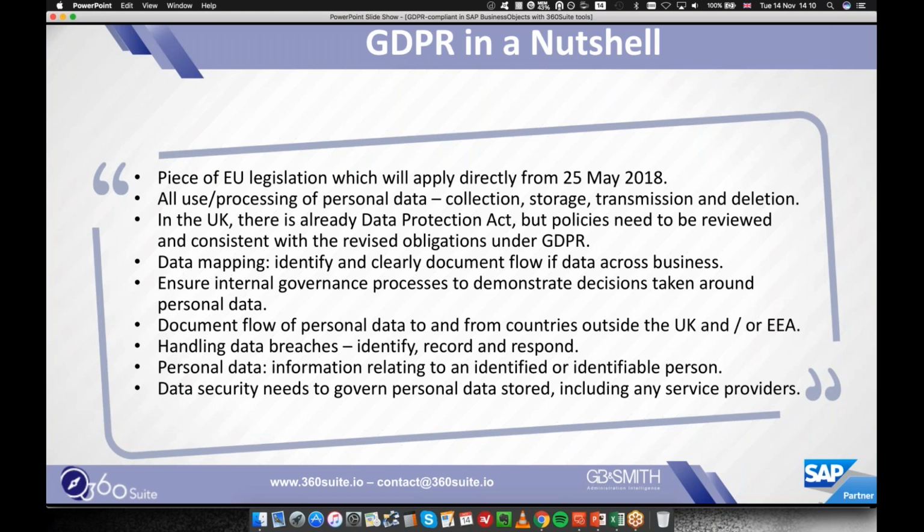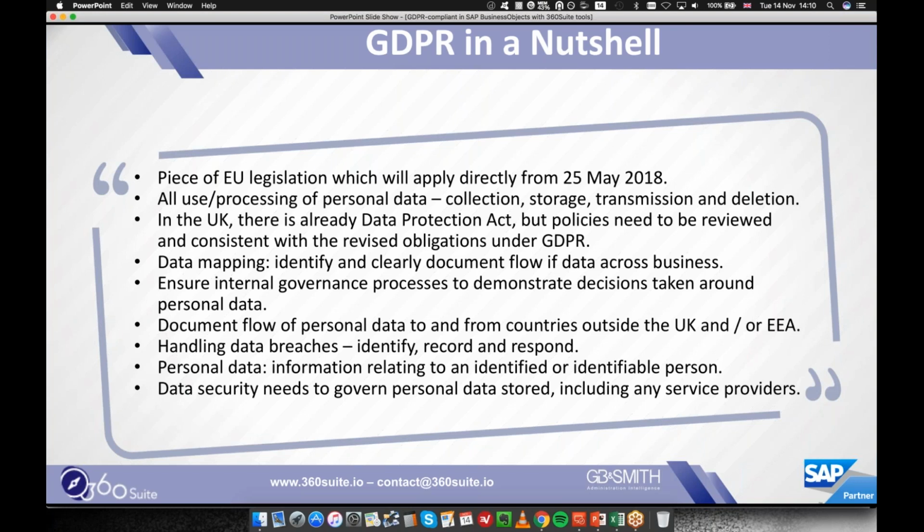And that also touches upon the flow of personal data, not only within an entity that is based in the UK, but also outside the UK and also the European Union as well. We need to be able to track that flow of data, where it's going to, who it's going to, why it's going there. Is it really necessary?